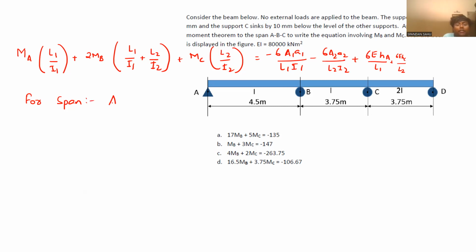Now, for the span, which two spans should we take? AB and BC. And next, BC and CD, right.